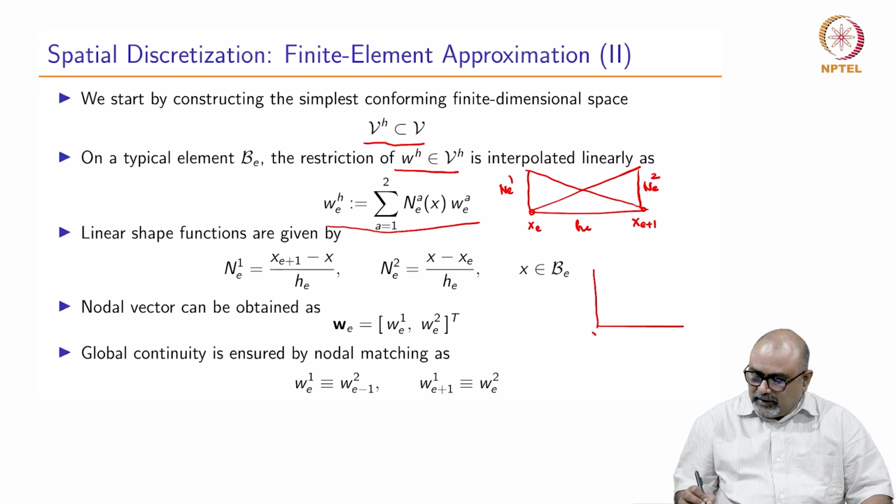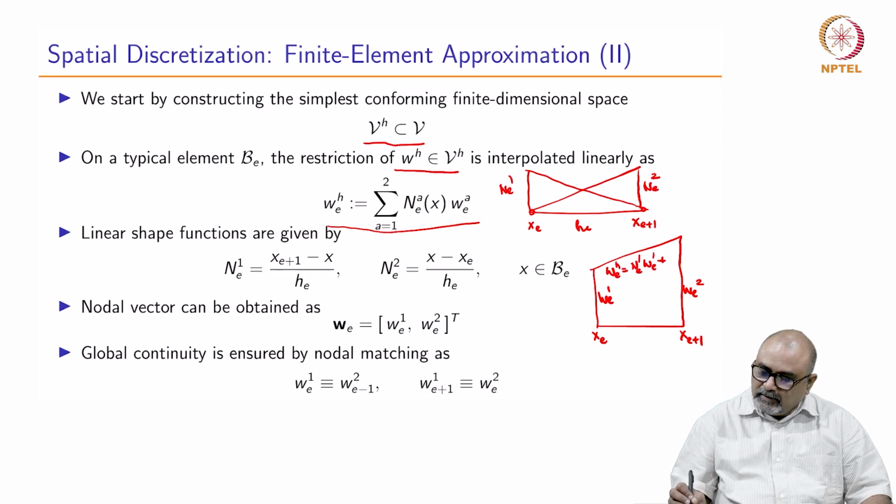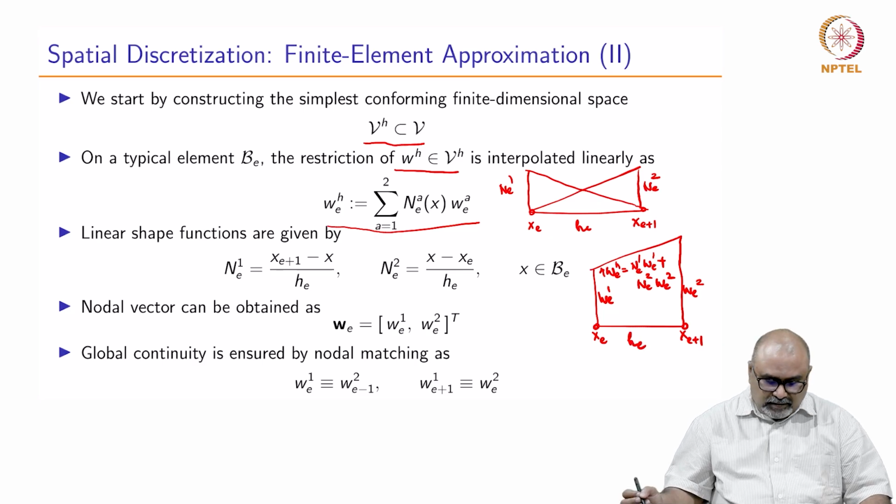So, at XE the value is WE1, and at XE plus 1 the value is WE2, and between these two the approximation is given by WEH is equal to NE1 WE1 plus NE2 WE2, which is a linear approximation, approximating linearly between the two nodal values defined at Xe and Xe plus 1, and He is the size of the element.